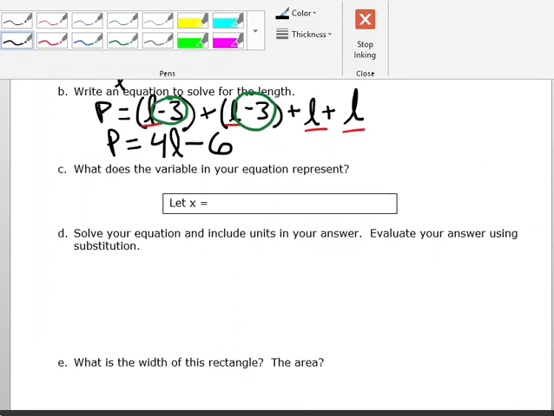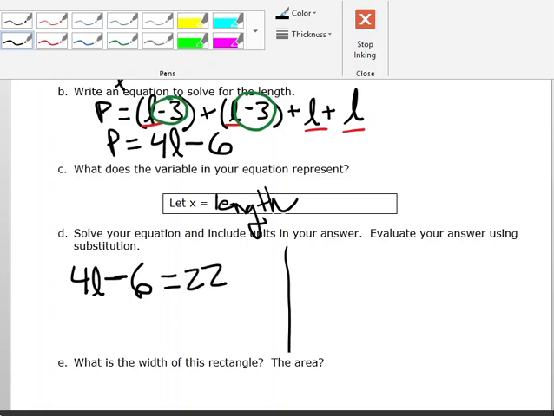I have P is equal to 4L minus 6, so the L is equal to the length. Now solve the equation, including units, and then evaluate it using substitution, which means I'm going to solve and check. So 4L minus 6 is going to be equal to the perimeter, which I was given, 22.